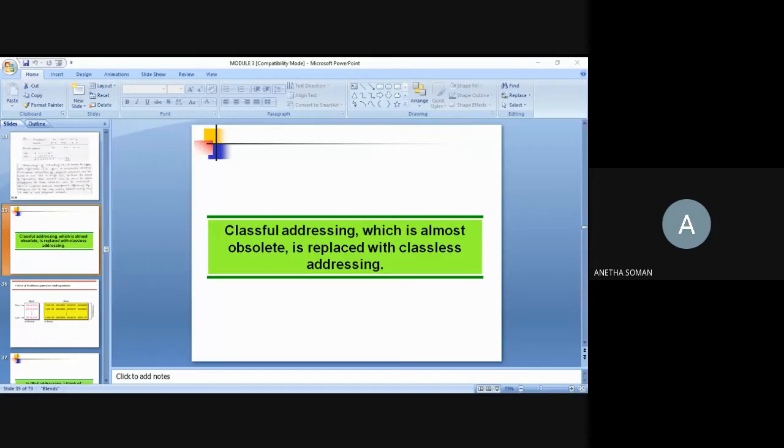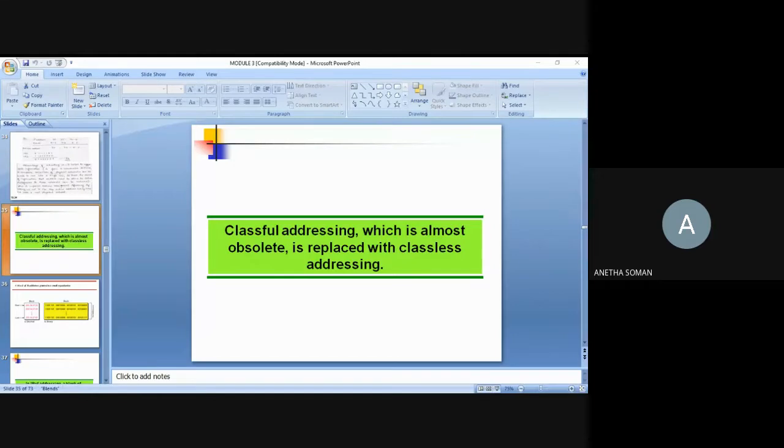And you have also studied the two types of addressing mechanism. One is classful addressing and the other one is classless, which you are going to study today. In classful addressing, how many classes do you have? 5.